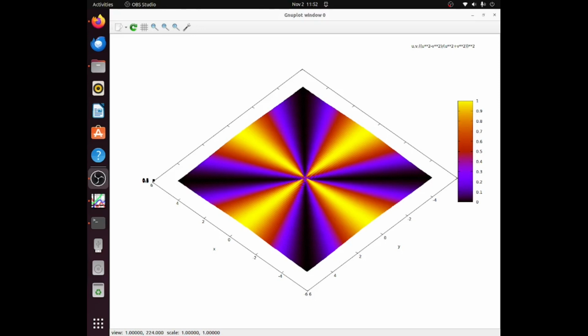I'm going to be able to get as close to the origin as I want and encounter function values that are 1, either 1 or very close to 1. On the other hand, think of being here and moving towards the origin.